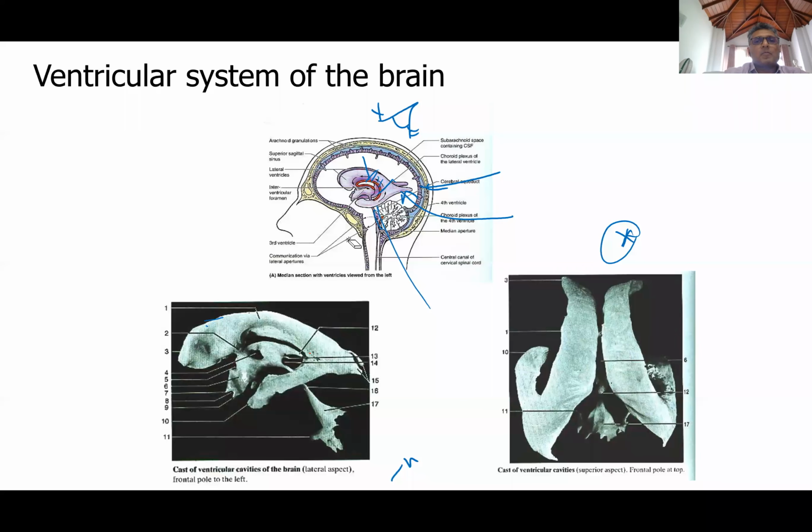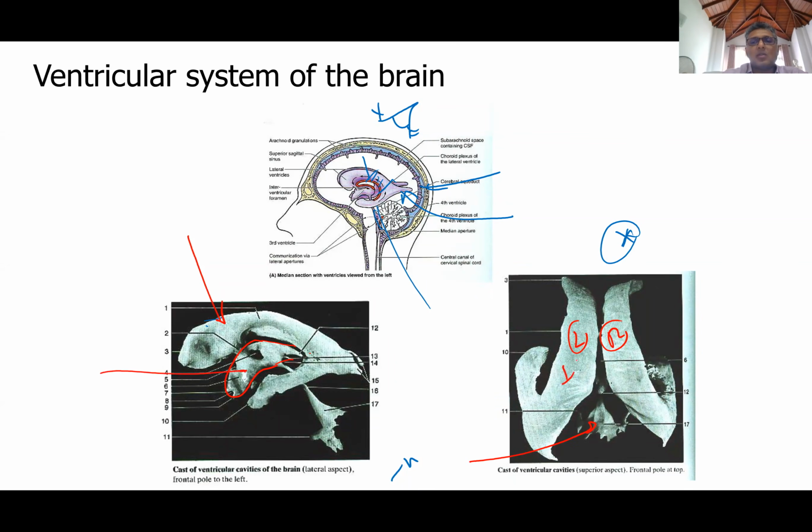Then this part, this is the third ventricle. So these are called lateral ventricles, left and right lateral ventricles. Then this part below the lateral ventricles and in the center, between the two, that is called the third ventricle.